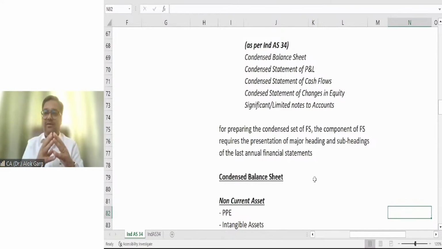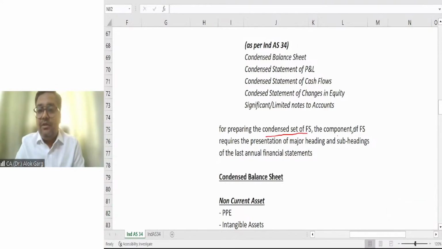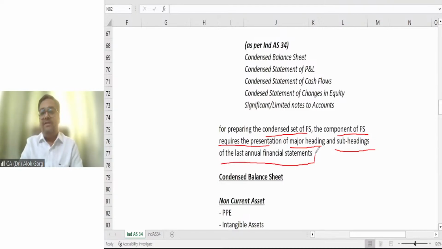So these components of the financial statement require the presentation of major headings and subheadings of the last annual financial statement. Friends, what does it mean? Last annual audited financial statement, last annual financial statement.